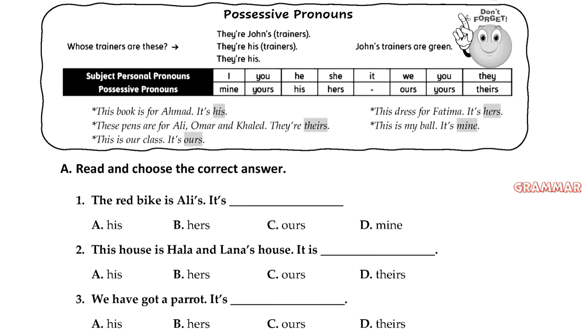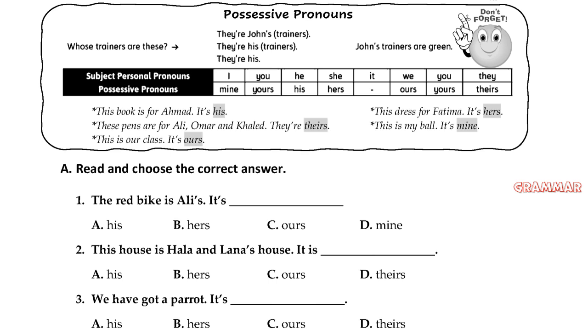Next one, the possessive pronouns. Study this table that shows the subjective pronoun and its possessive pronoun. I, my or mine, you, yours, he, his, she, hers, it, its, we, ours, you, yours, they, theirs. So number one, the red bike is Ali's. Ali is a boy.